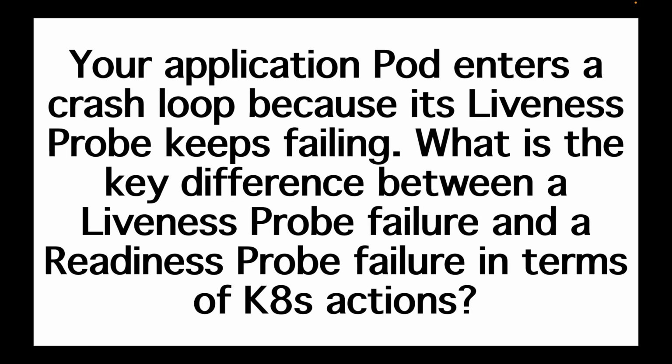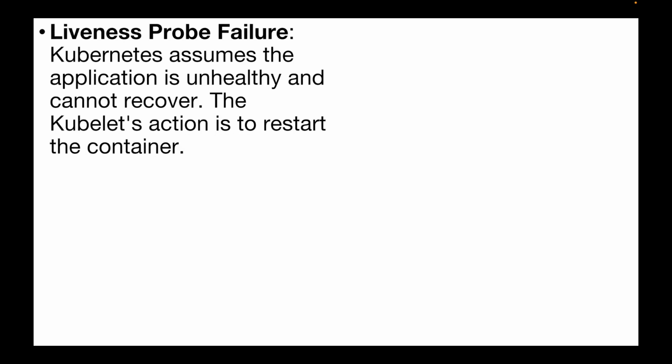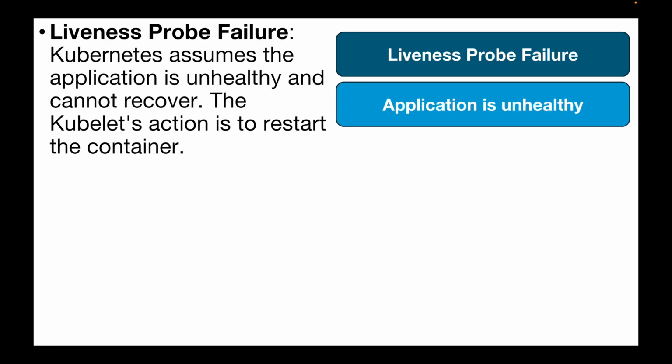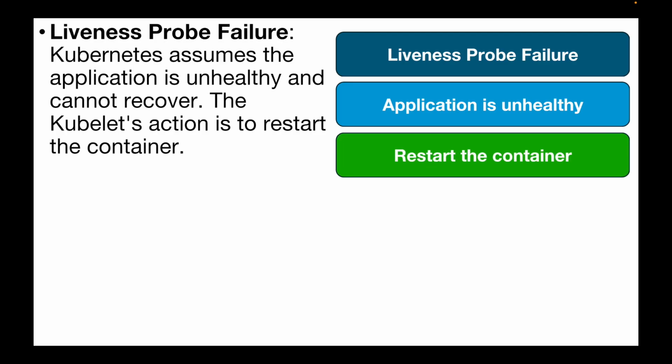The next question we have is, your application pod enters a crash loop because its liveness probe keeps failing. What's the key difference between a liveness probe failure and a readiness probe failure in terms of Kubernetes actions? So the liveness probe failure is basically where Kubernetes assumes that the application is unhealthy and it cannot recover. The kubelet's action is to simply restart the container.